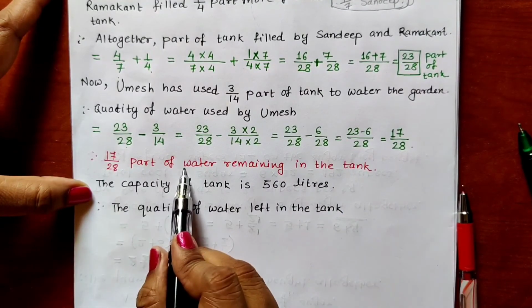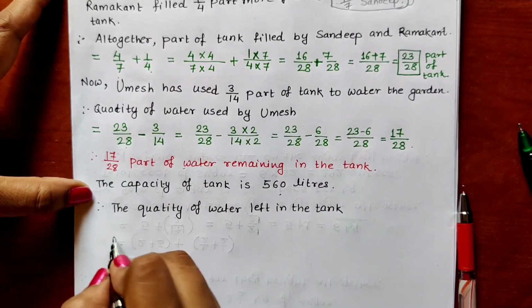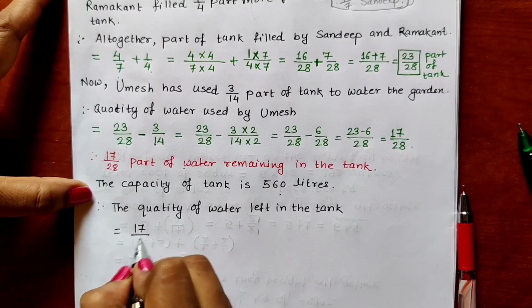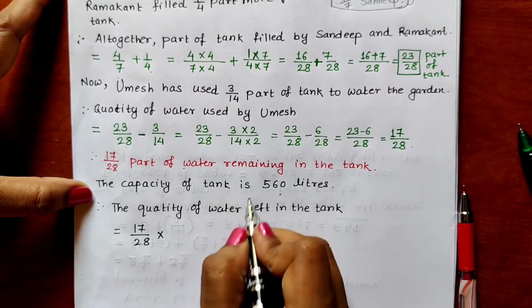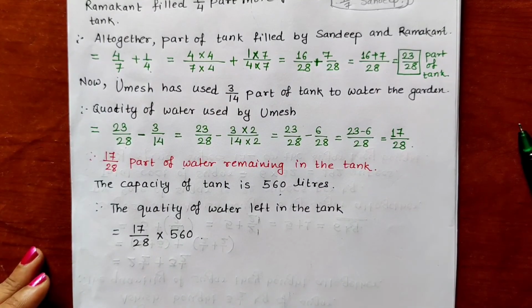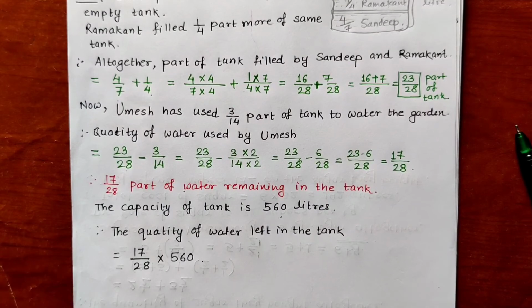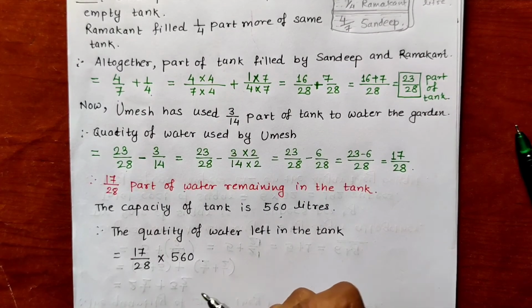How to find out the quantity of water left in the tank? The part of water multiplied by the capacity of water. Part of water is 17 upon 28, multiplied by capacity of water is 560. While multiplying, what we can do? If it is possible, we can cancel the number from denominator to numerator.